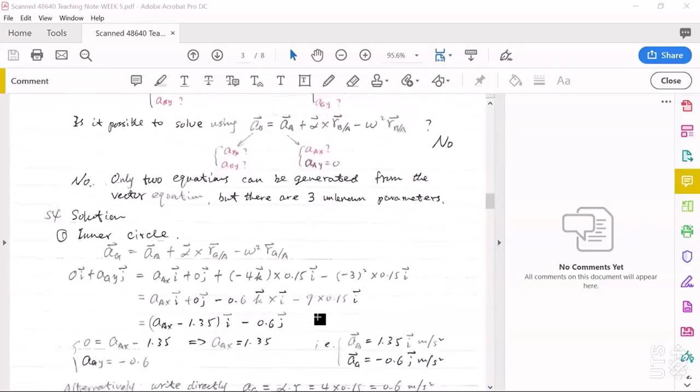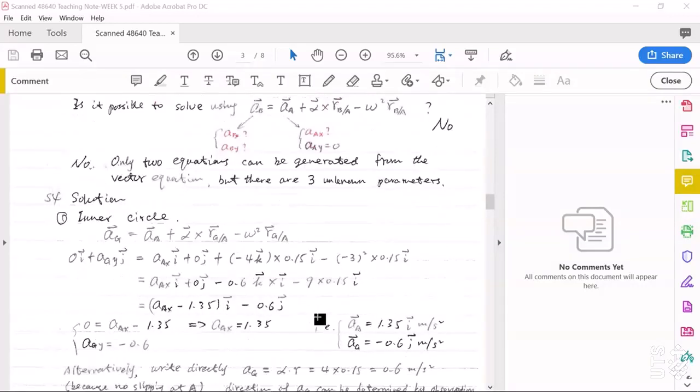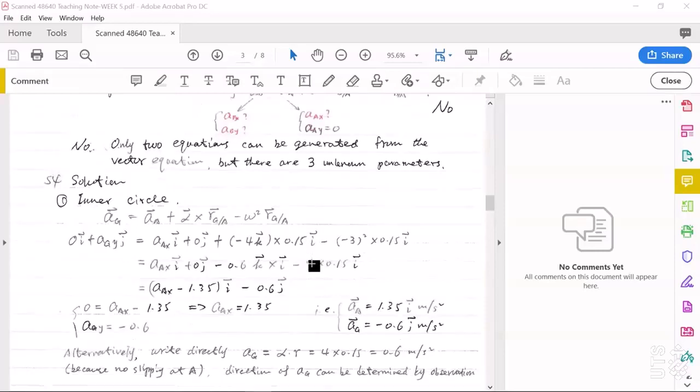And next will be the calculation process. From the first equation, we can solve AGY.